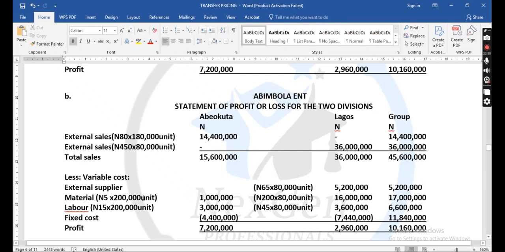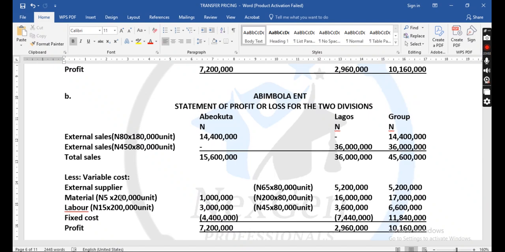Okay, let's change. Now Abeokuta. Let's check now, class. Abeokuta has the maximum capacity to produce 200 units. Is that not so?